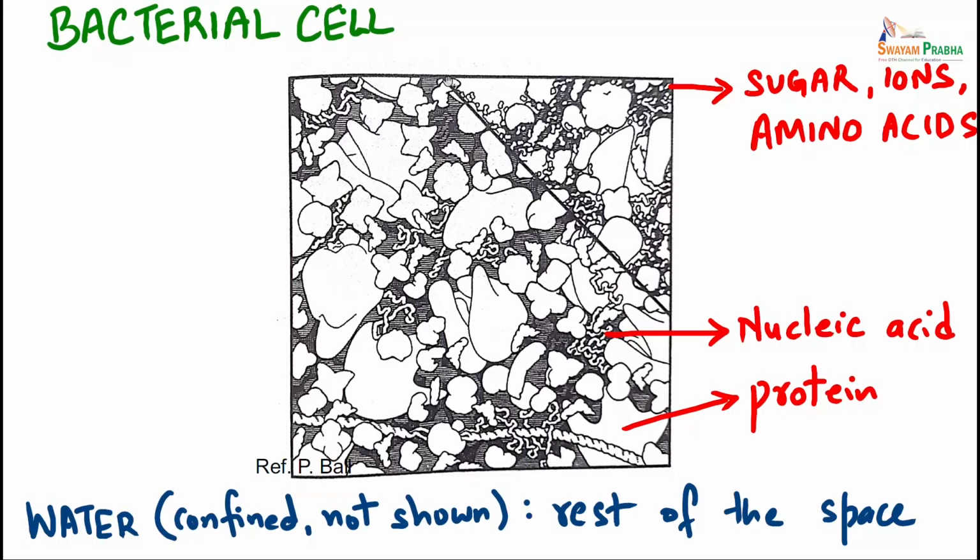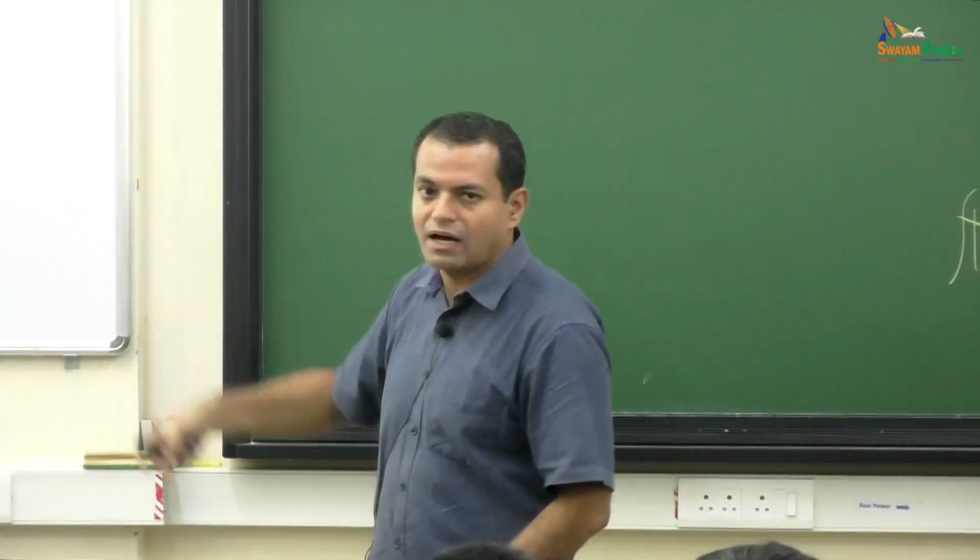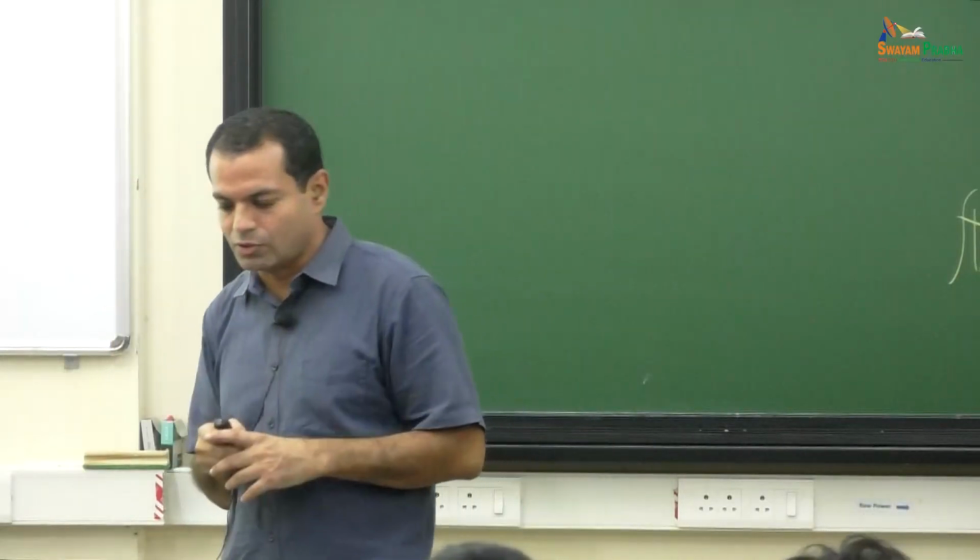Then the context where all this research is going to be very, very important is shown in this picture. It's a cartoon. This is the inside of a bacterial cell, and there are all the important things people know. This is important for cell biochemistry: nucleic acids, proteins, and then tiny objects like sugars, ions, amino acids, everything is shown here.